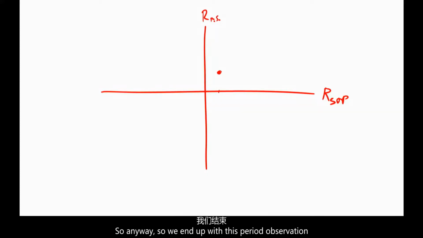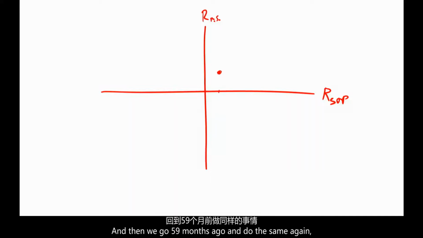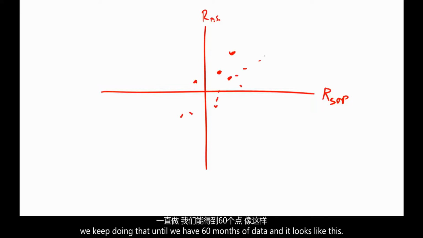So anyway, we end up with this paired observation between the return on the company, Microsoft, and the return on the S&P. And then we go 59 months ago and we do that again and we get another point. And then 58 months and we get a point here, and then 57 months and we get a point here, and 56 months, and we keep doing that until we have 60 months of data. And it looks like this.